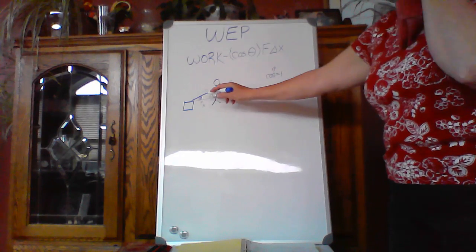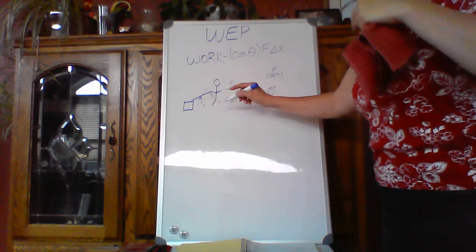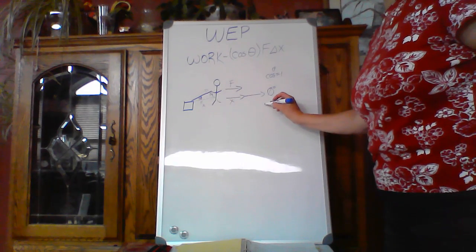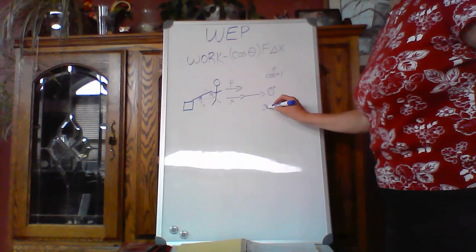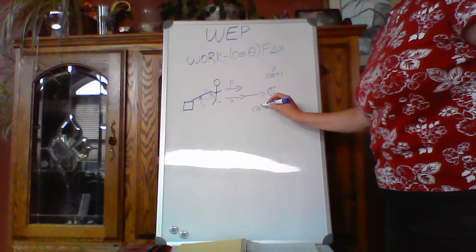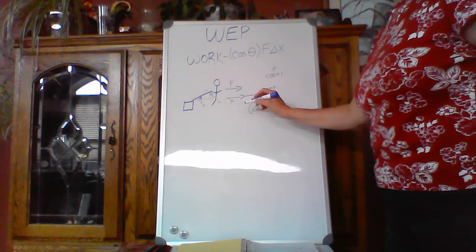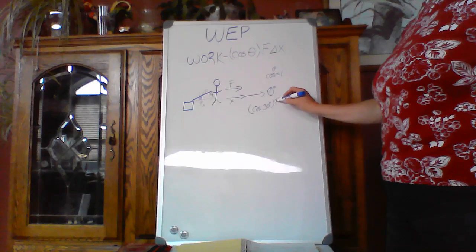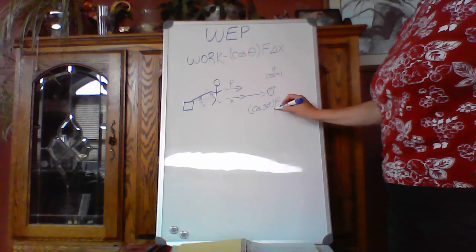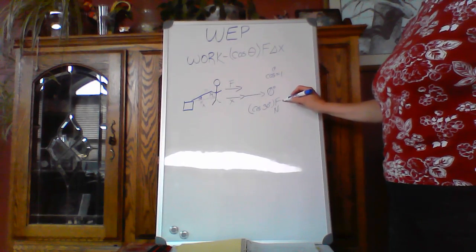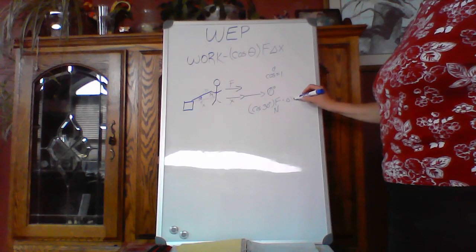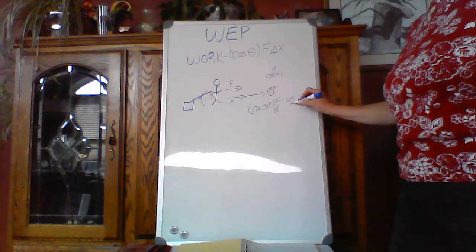In this situation, he's applying it at a little bit of an angle. We'll say it's 30 degrees, so we would put in the cosine of 30 degrees times whatever force he put in, which would be in newtons, and times a distance that he moved it in, which would be in meters.